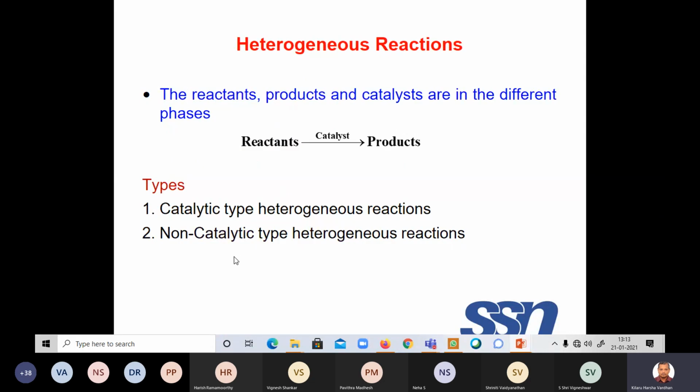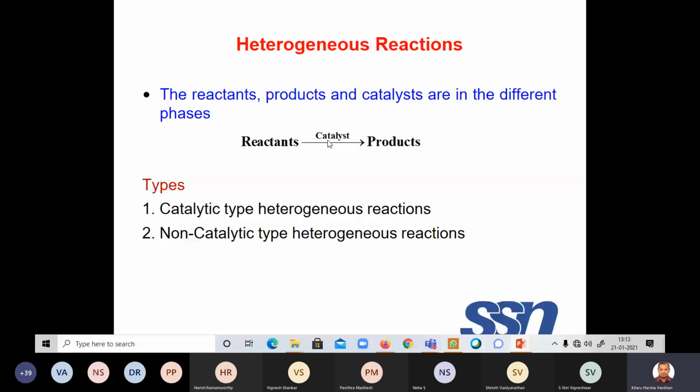So in this, there are two types: catalytic type heterogeneous reactions and non-catalytic type heterogeneous reactions. We'll see catalytic type heterogeneous reactions first. Now, what do you mean by a catalytic type heterogeneous reaction? There will be a reactant and a product. Either the reactant can be a liquid, gas, or a solid, or the product also can be a solid, liquid, or a gas.